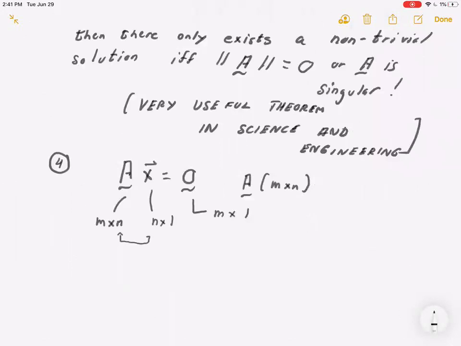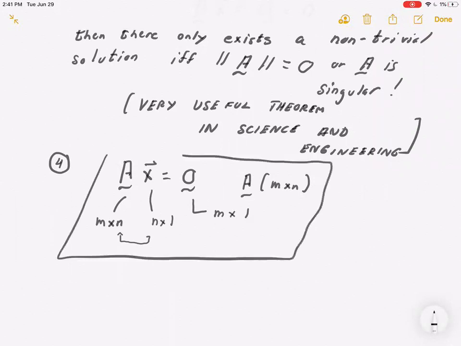Otherwise, you just can't fall asleep on the basic rules of matrix multiplication. The column index of the first matrix has to be the same as the row index of the second matrix. And then what you're left with is an answer that has m as in Michael rows, and 1 column.